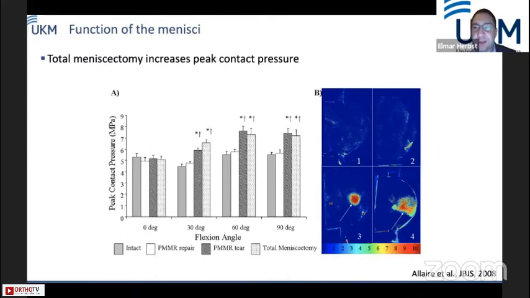The load increases exponentially, and then osteoarthritis will progress rapidly. So we have to avoid these. Many years ago, everyone was saying, okay, if you have a medial meniscus root tear in arthritic knees, don't repair it, just leave it alone. But we know it's a bad idea, actually. We come back to that later.